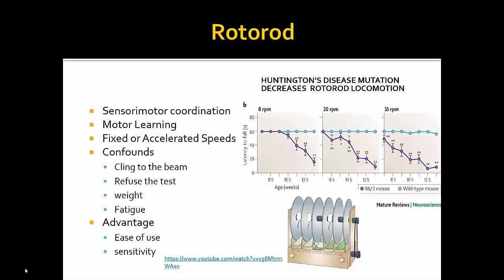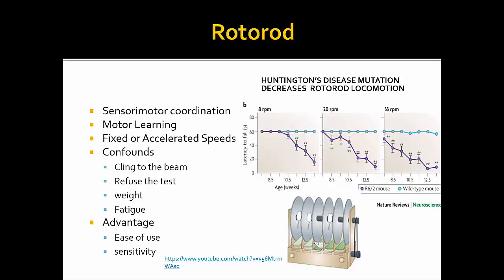And then there's Rotarod, which is really a very simple test. It also requires some learning. You just turn on this motor and it rotates this wheel, and then you put the rat or mouse on there, and you time how long it takes for them to fall off, or they'll grab on and just spin with the wheel.